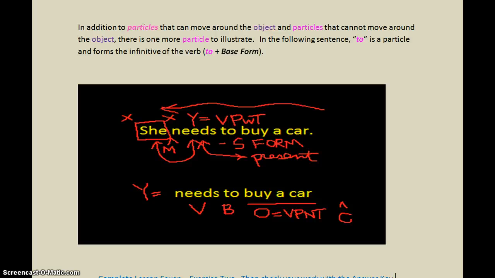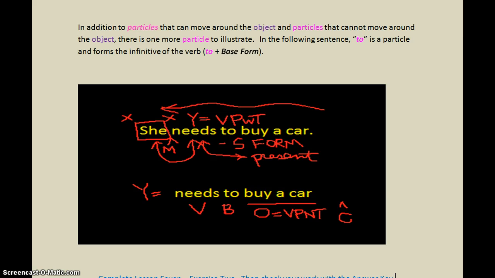She needs to buy a car. There are no shifters. The X word places are empty. She is between those places. She is the subject. The predicate is needs to buy a car. Needs ties with she. Needs ties to the present. It's the S form. The M place is empty. And Y is needs to buy a car. It's a verb phrase with time.